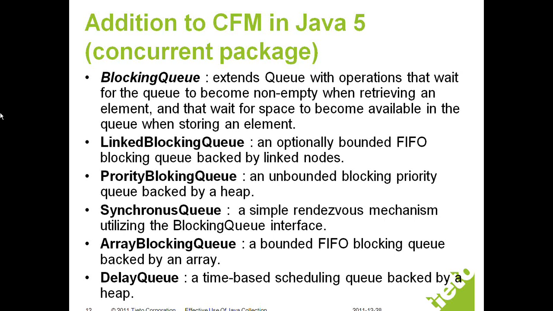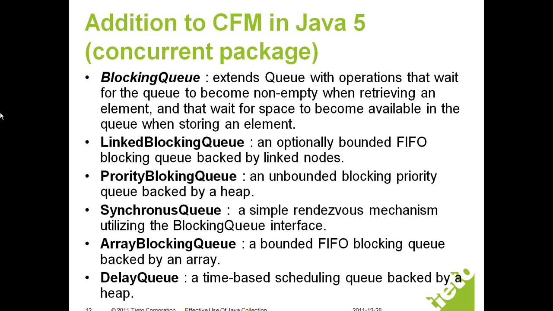Linked blocking queue is an implementation given for the blocking queue, which is a blocking queue backed by a linked list. Priority blocking queue. It is a priority queue which is a blocking queue, an unbounded blocking priority queue backed by heap memory.